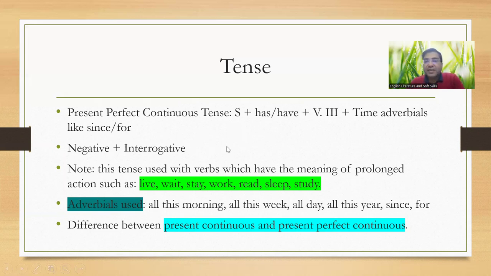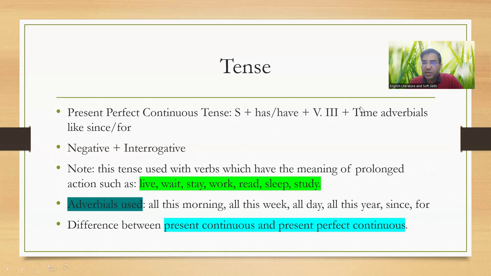Like, I have been living in Jodhpur since 1999. The subject is I, so we have to put have with the subject I. I have been. You have to use been, the third form of be, and then you have to put the ing form of the verb.